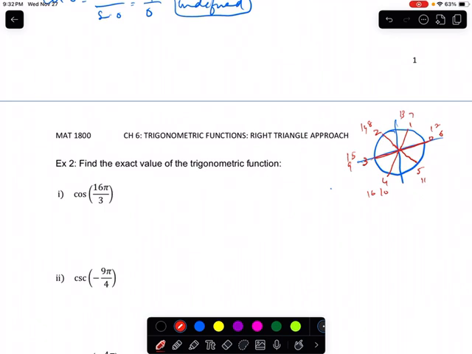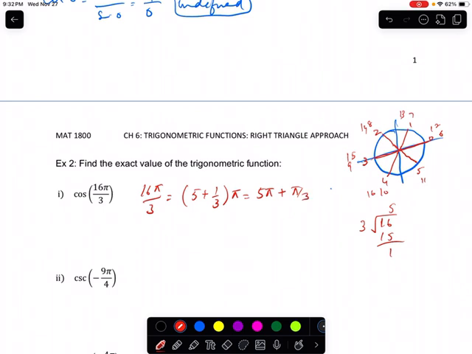Or you can do it like this. You can divide the 16 by 3. 3 fives are 15, 1 left. So I can write 16 pi over 3 is equal to 5 plus 1 over 3 pi, which means 5 pi plus pi over 3.